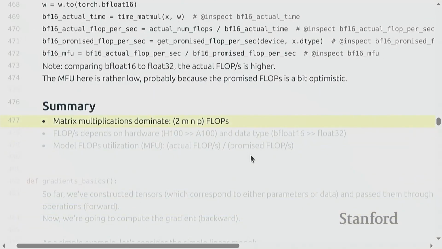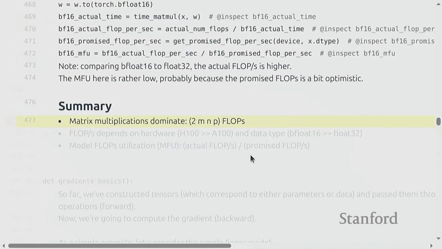Okay, so just to summarize, matrix multiplications dominate the compute. And the general rule of thumb is that it's 2 times the product of the dimensions, flops. The flops per second, floating point operations per second, depends on the hardware and also the data type.